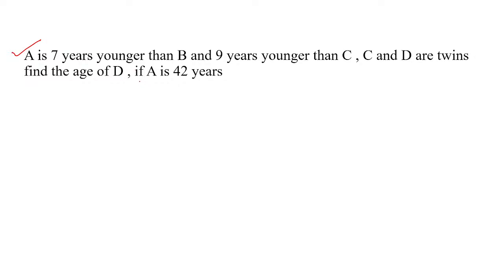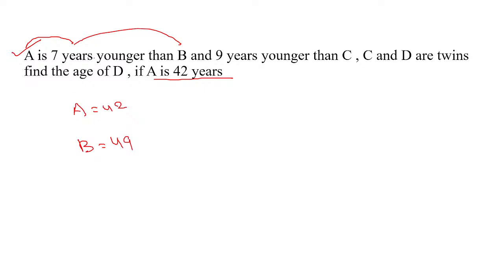They are giving you if A is 42 years. A is equal to 42. A is 7 years younger than B. If A is 42, then B is equal to 49, because A is 7 years younger. Younger means lesser than B. So obviously B value would be 49.